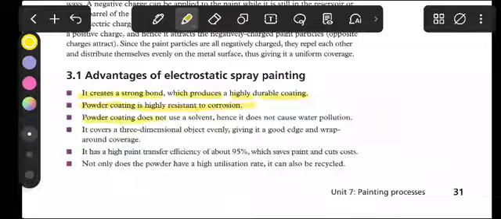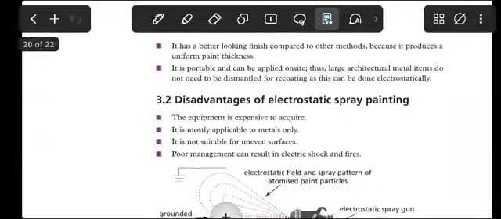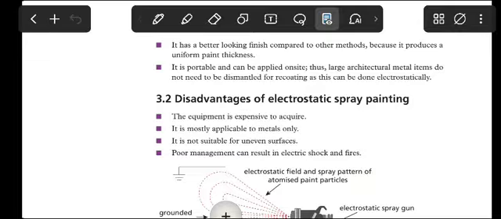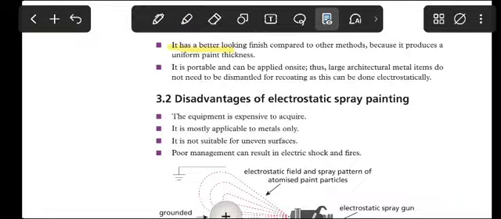Powder coating does not use solvent. It covers three-dimensional objects evenly. It has high paint transfer efficiency, about 95%. All right, those are the points. I can add more here, but they won't ask those too much.